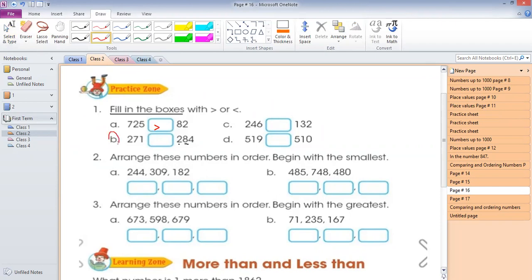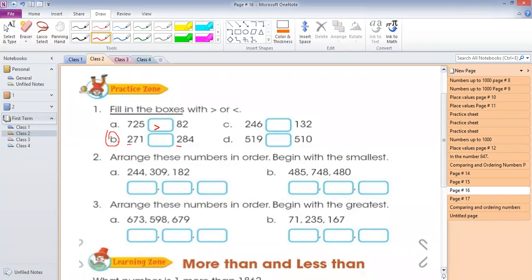Part B. 271 is dash than 284. Greater than or less than. So guys, again, how you will check? You will compare the hundreds first. Here 200, here 200. So hundreds are same.